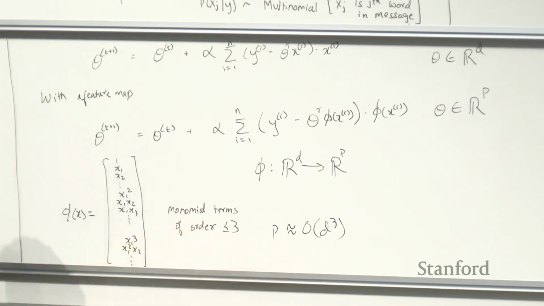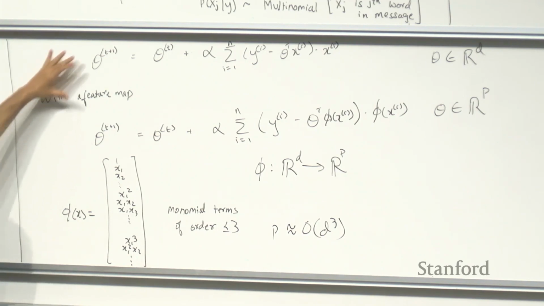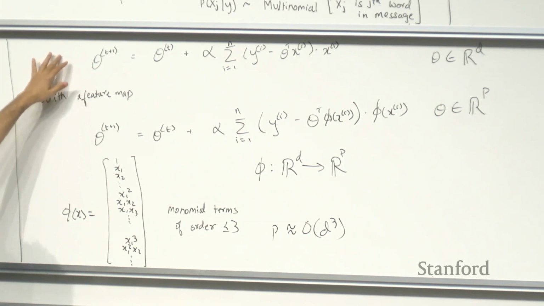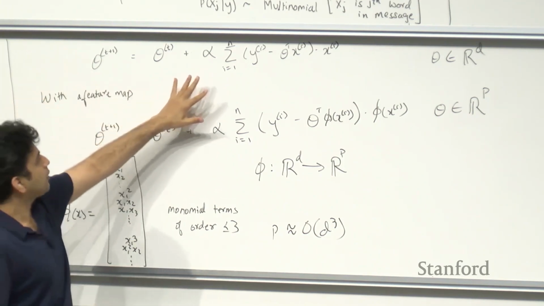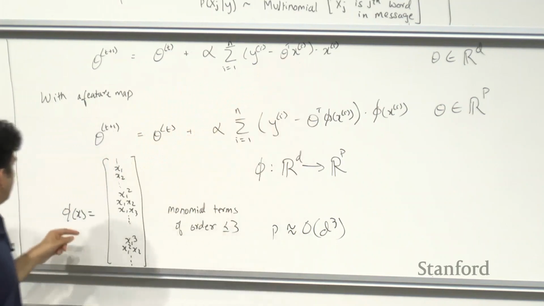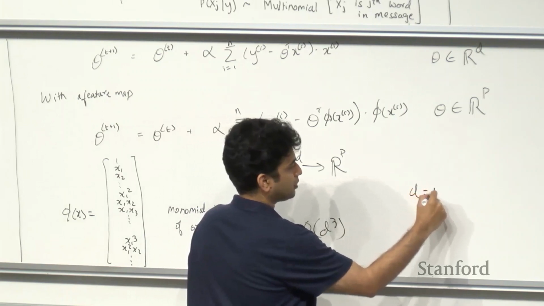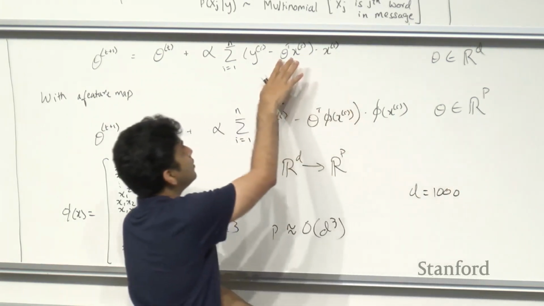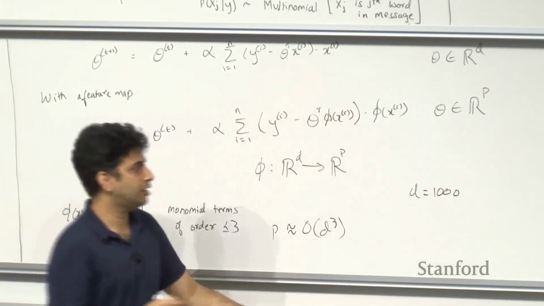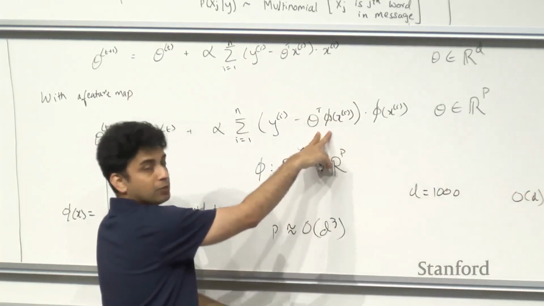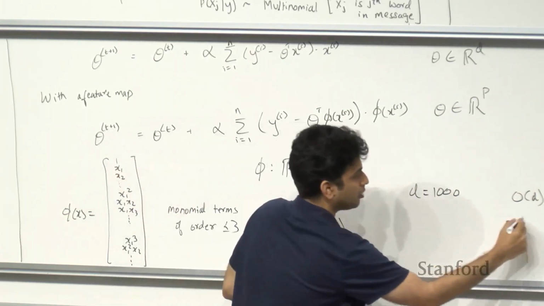So to perform each gradient descent update, we now move from calculating dot products in d dimension, for example if d was 1000, which would take about order d, to a dot product that takes about order d cube.